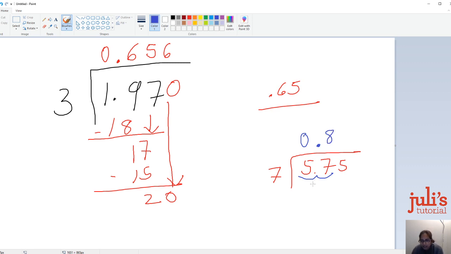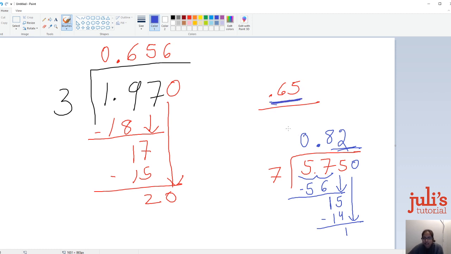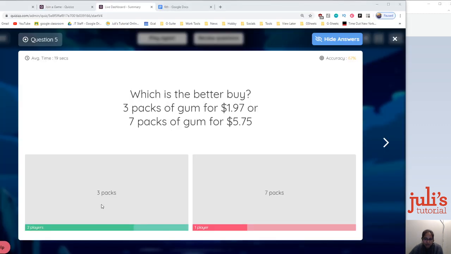Subtract, put a 1 here, bring down the 5, 15. 7 times 2 is 14. 1, 0, so it's like 82 cents. So obviously between 82 cents and 65 cents or 66 cents, this is a better buy. So that's why it's this one.